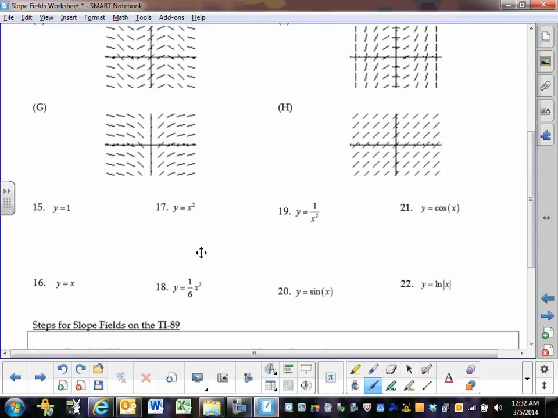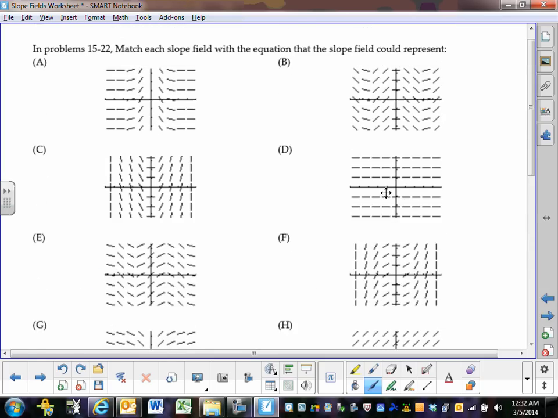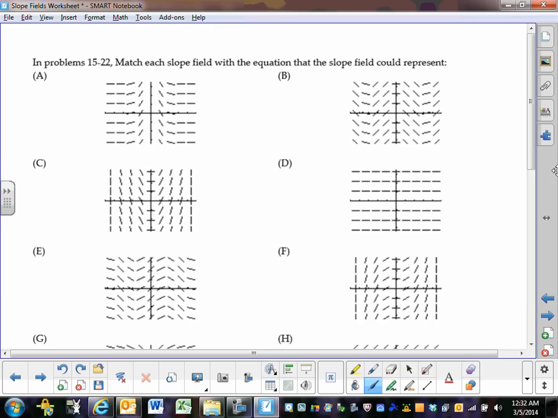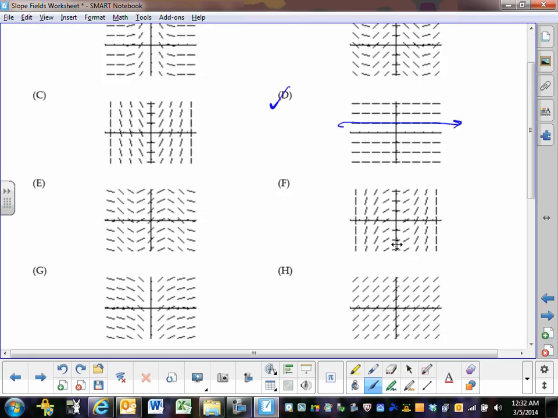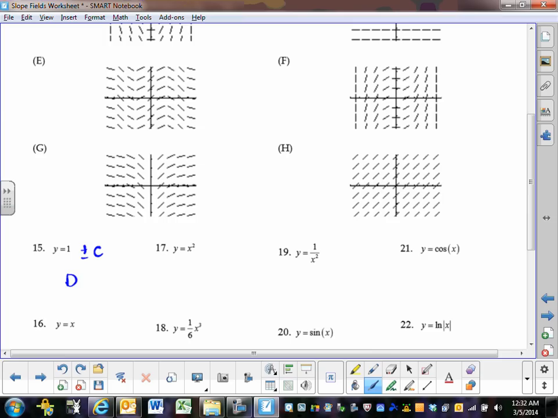But these are the y functions, so not the derivatives themselves. So this is saying that the equation is y equals 1 plus or minus c. So if y equals 1, that would be a horizontal line, and then plus or minus c, could be up or down, would be d.